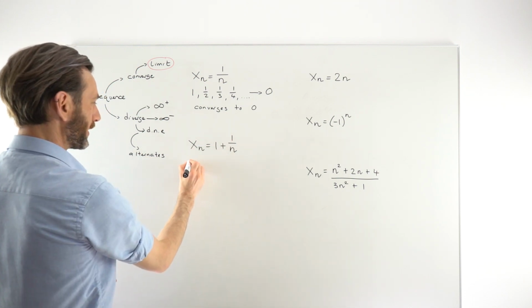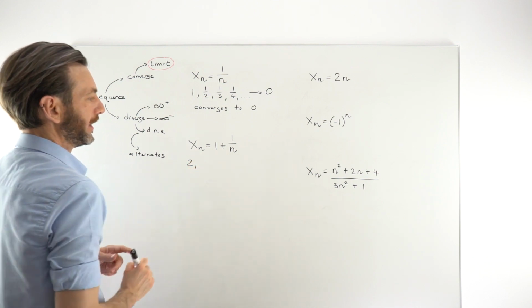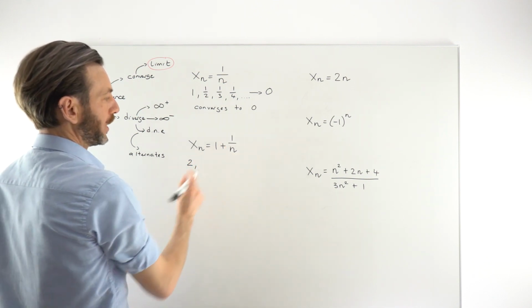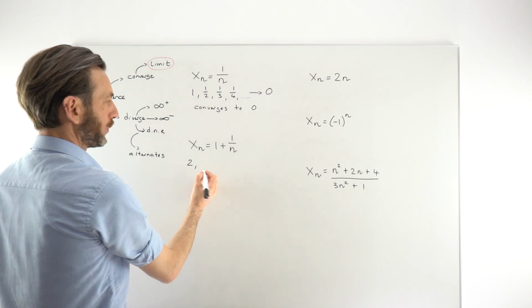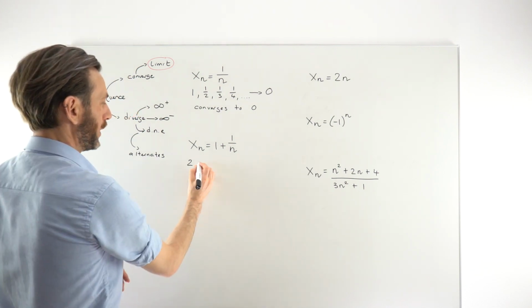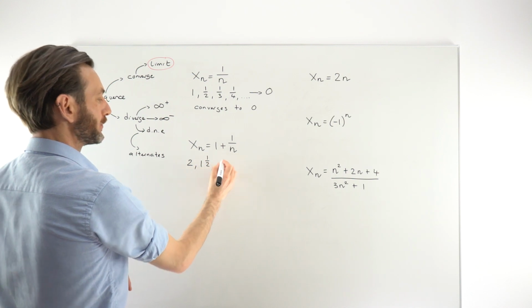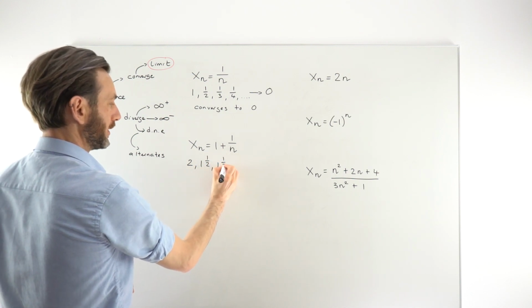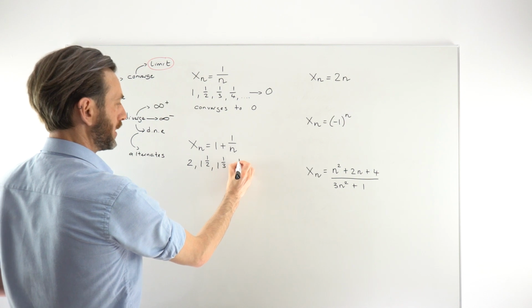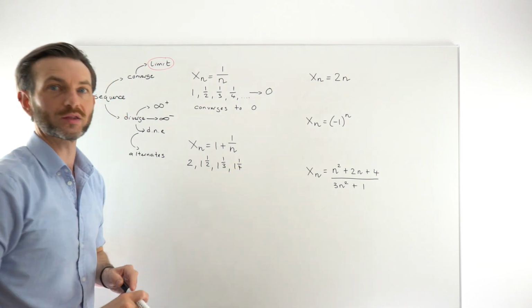So the first term in that sequence is 2. Then we've got 1 plus 1/2, which is basically just 1.5. Then you've got 1 and 1/3, writing these as mixed numbers, and then 1 and 1/4, etc.